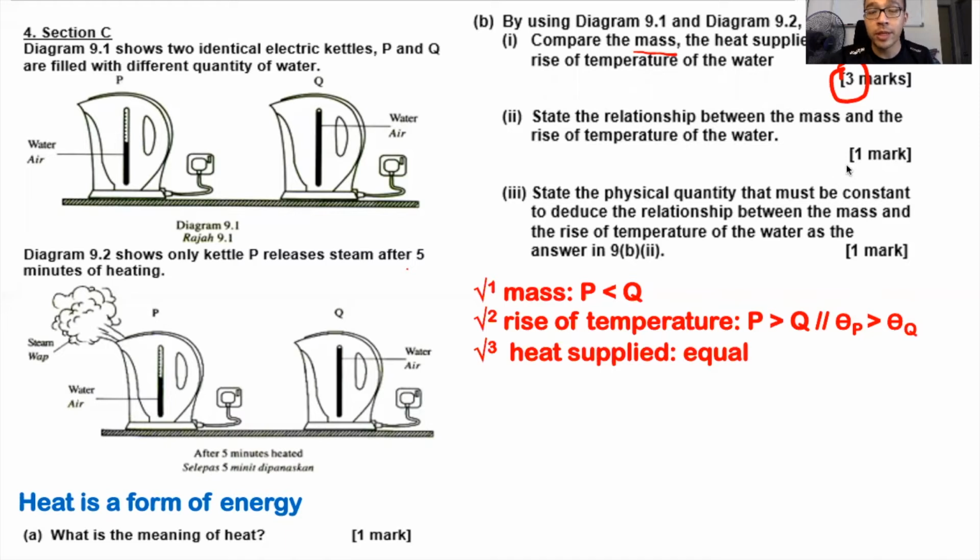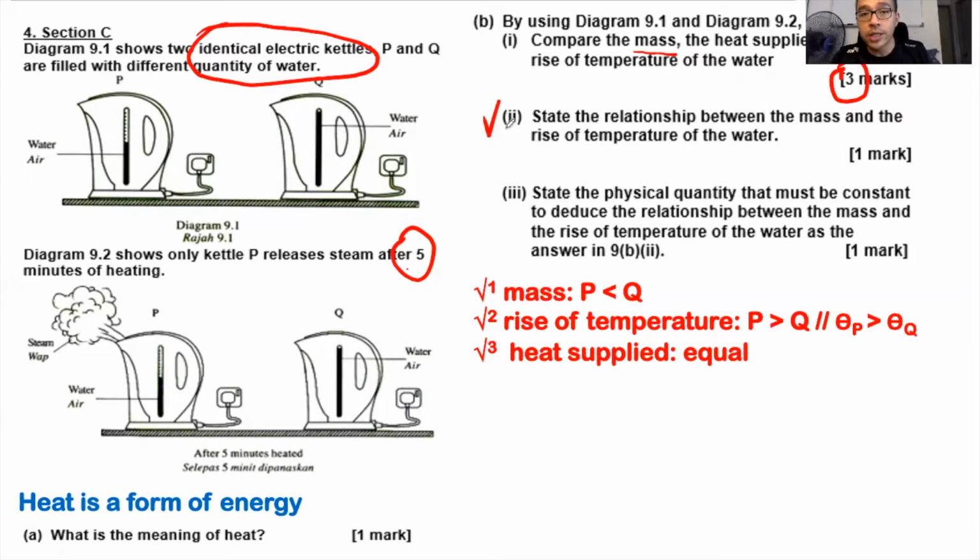But for the rise in temperature, P has a faster rise in temperature than Q, because obviously Q has more mass. So the rise in temperature of P is bigger than the rise in temperature of Q. But the heat supplied is equal because they are using the same electric kettle. Identical electric kettles means they have the same power and they are being used for the same amount of time.